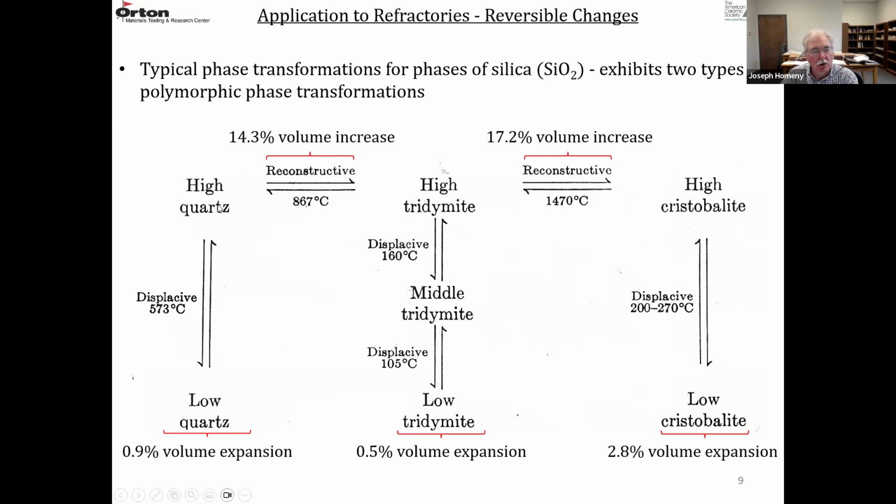And if you go to a higher temperature, 1470 degrees C, you can convert quartz to cristobalite, but that's a 17% volume increase. So any of these changes in volume can create micro cracks and distort the structure. And these reconstructive transformations, the volume change is significant.